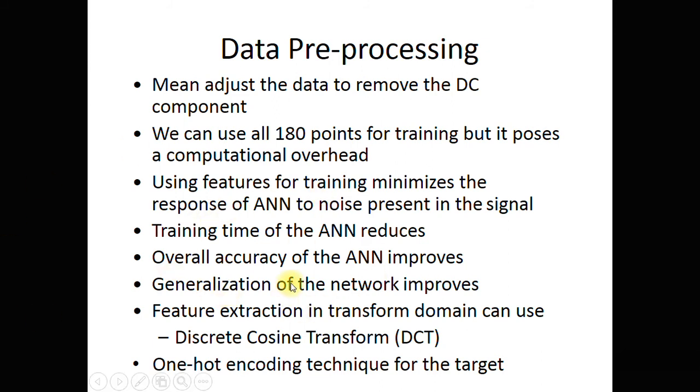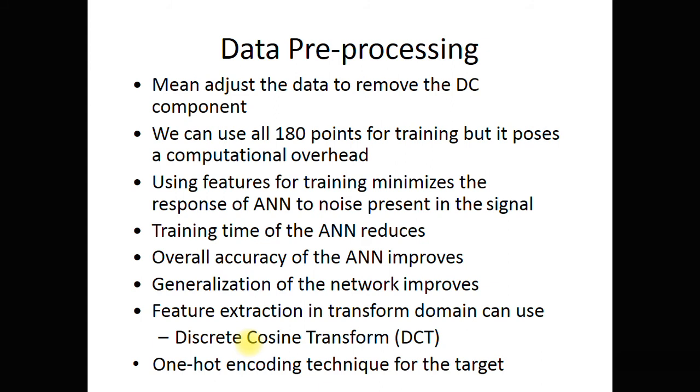Feature extraction in the transform domain can use the discrete cosine transform. So for example, here in this case I have used the discrete cosine transform to find out the important features. And another important thing is one hot encoding for the target. So instead of binary, if you remember, we can have different types of encoding schemes.